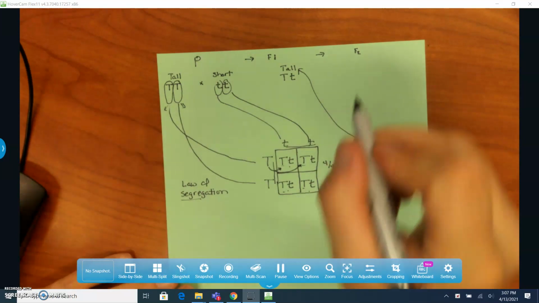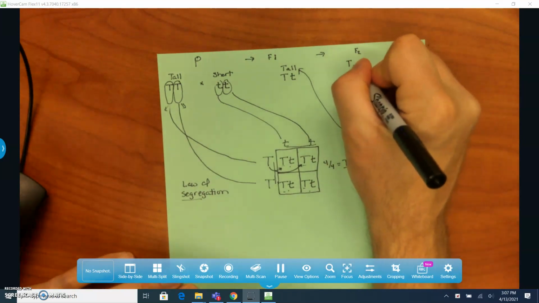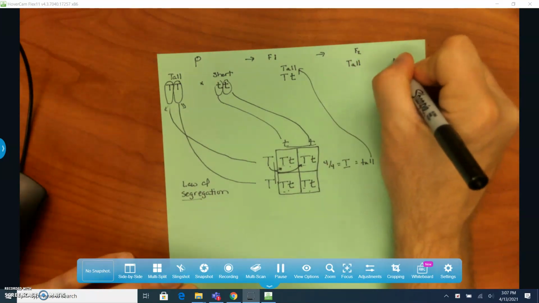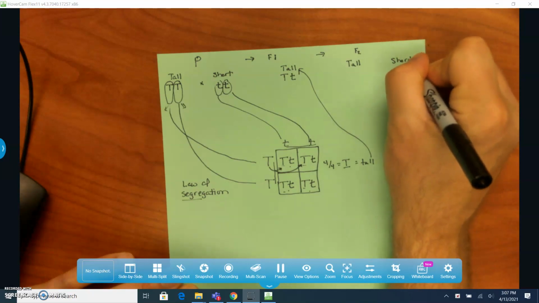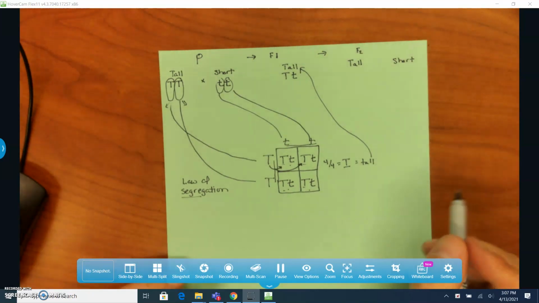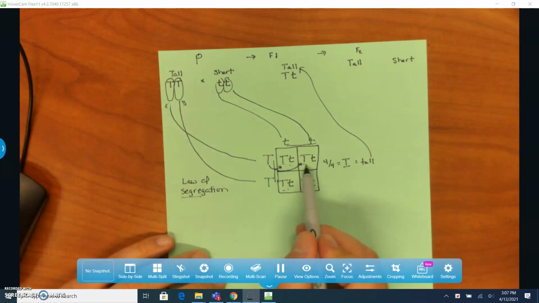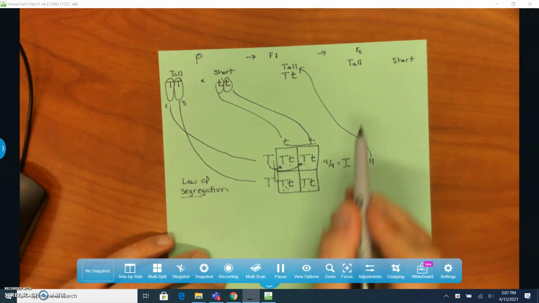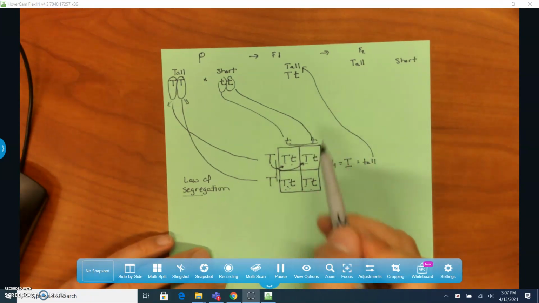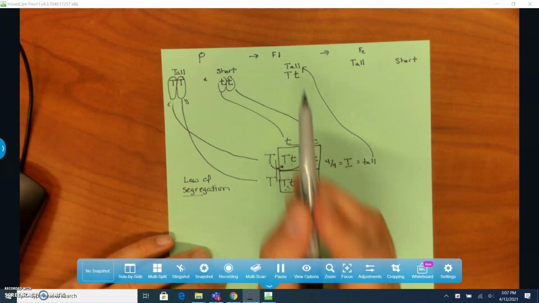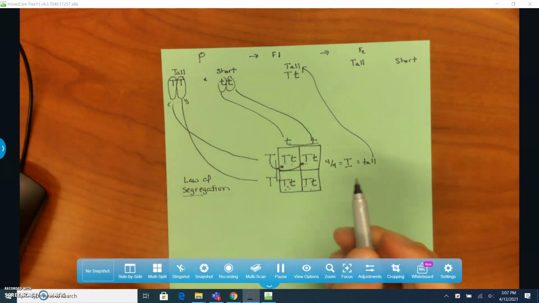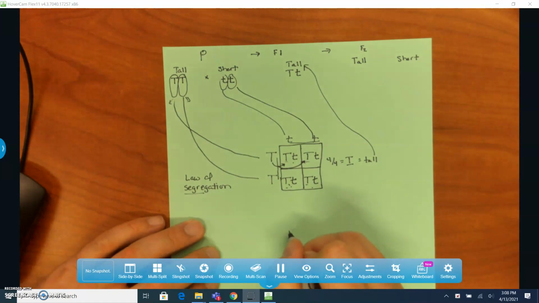Keep in mind that some of the F2 were tall and some were short. So let's cross two of our F1 plants to get our F2. We know that all of the F1s are big T, little t, so both parents are going to be big T, little t.